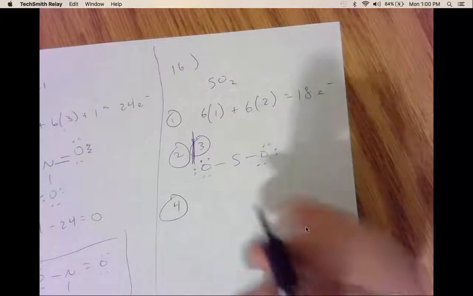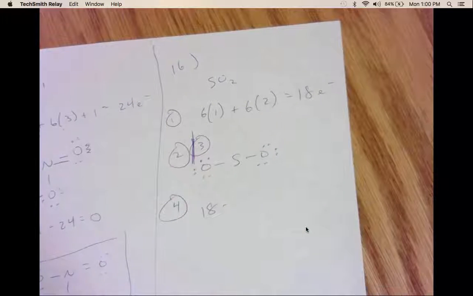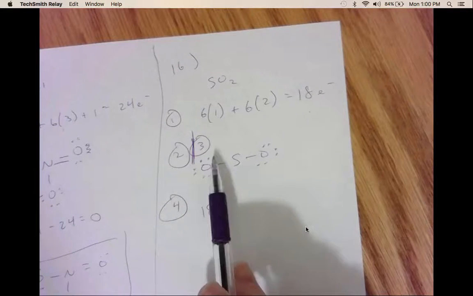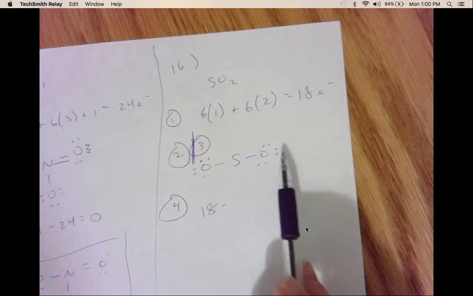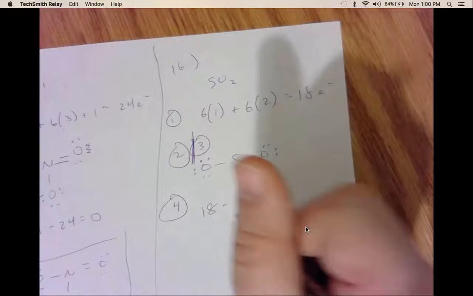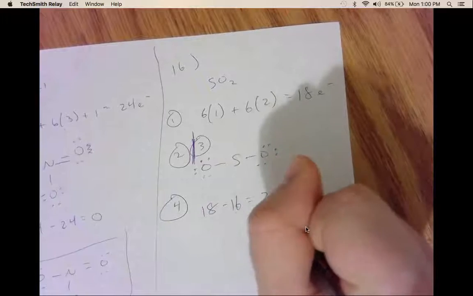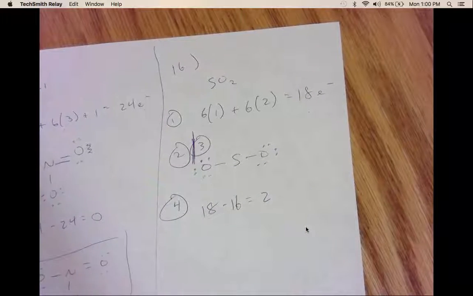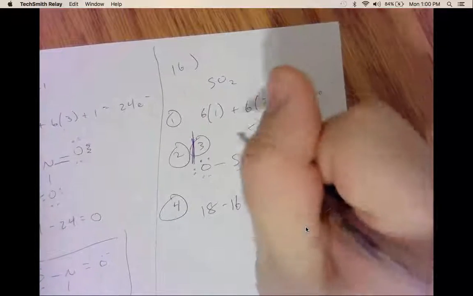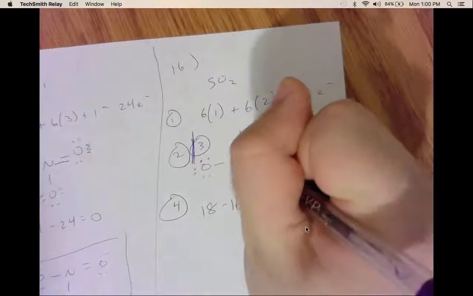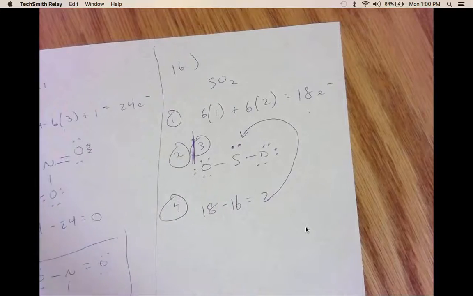So we started with a total of 18. Now we have to subtract, see how many we have here. You have 1, 2, 3, 4, 5, 6, 7, 8, 9, 10, 11, 12, 13, 14, 15, 16. So you do 18 minus 16, which would give us a 2. So remember, when we have leftover electrons, they get put on the central atom like this. So we put 2 electrons there.